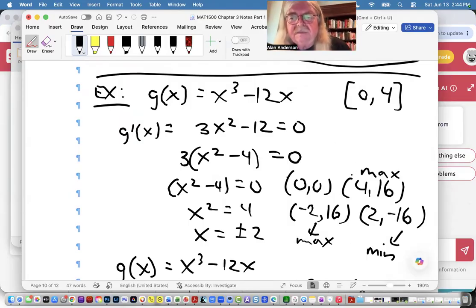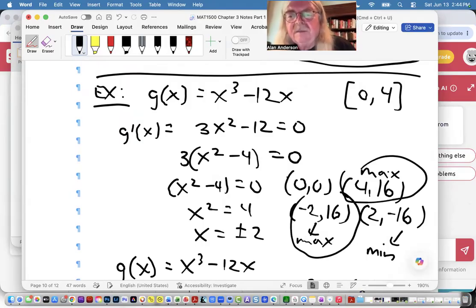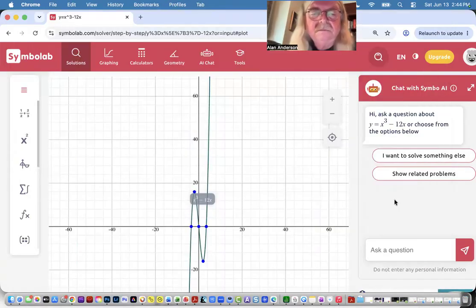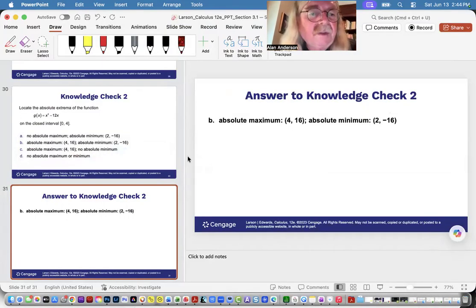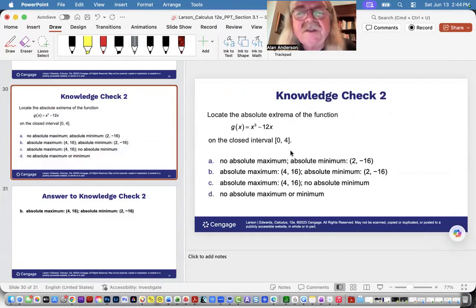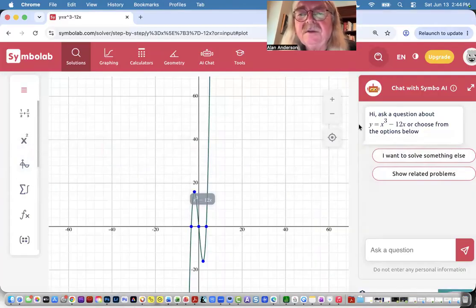It's a little strange, but these definitely are minimum and maximum points. But they only mentioned the two of them, so I'm not sure why. Maybe it's multiple choice, but no, it does say only locate the absolute extrema.